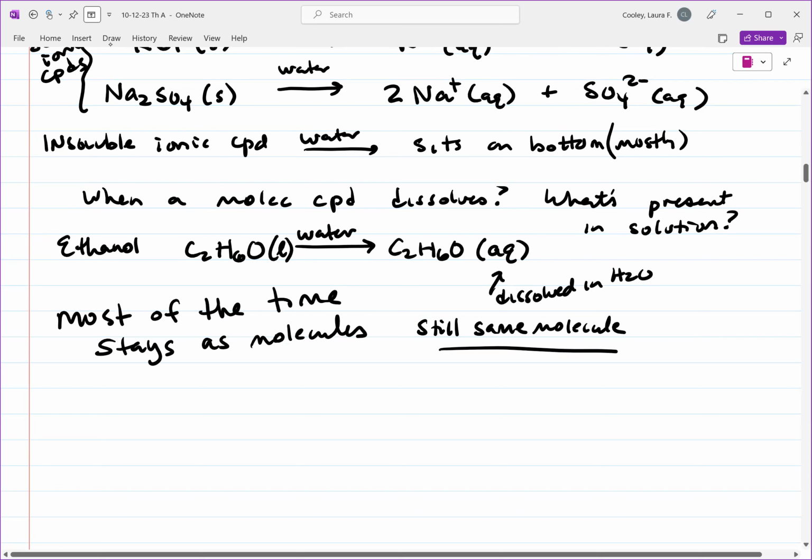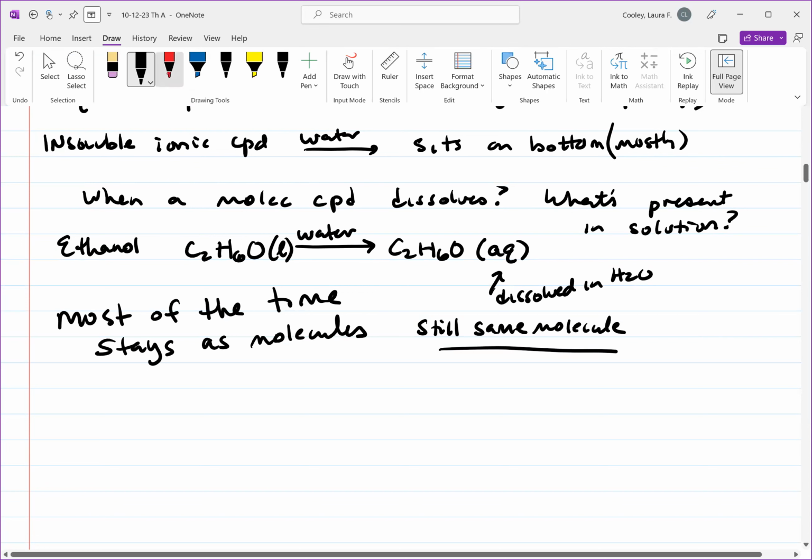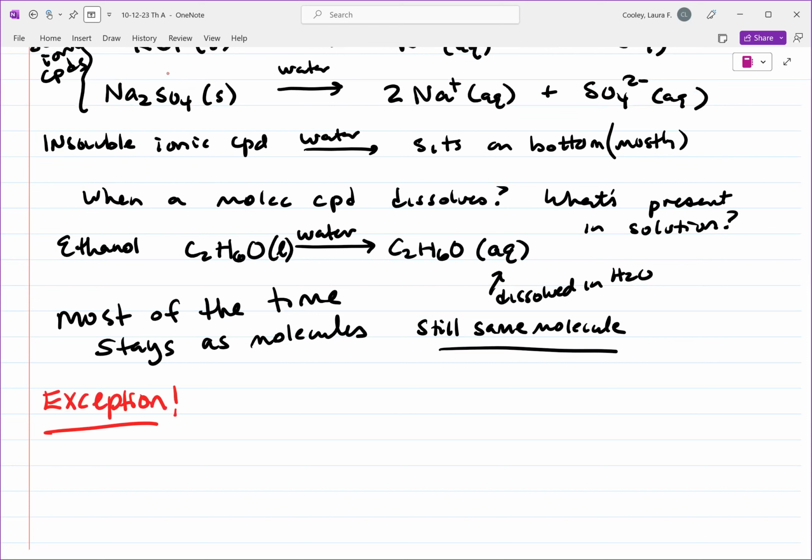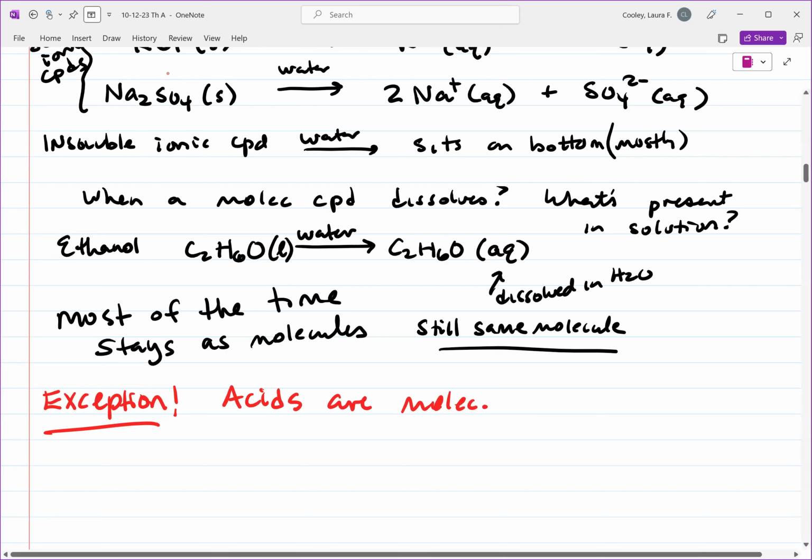What is the big exception here? The exception is, of course, acids. They're molecular compounds, but they're unique. When you put them in water, they break into ions. Acids are, as I've already said, molecular compounds that break into ions in solution.